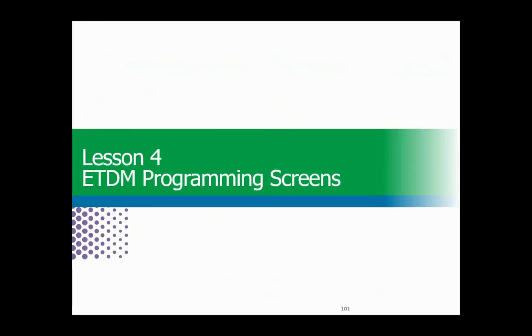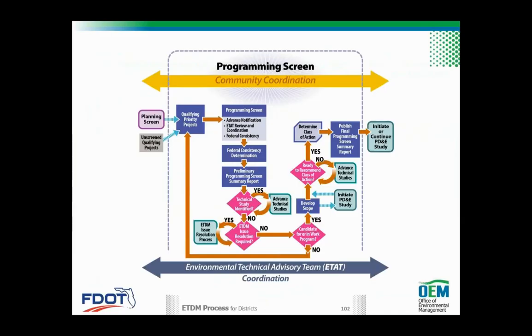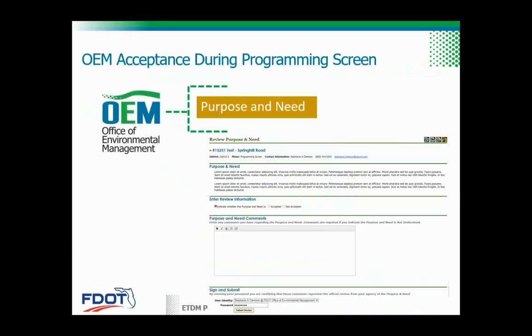For the programming screen, again, that annual screening event looking at priority projects to help us scope the project, come up with enough information to have an appropriate environmental document class of action, and a clear understanding of what we're going to do to move this project forward. OEM during that process, again, is going to review the purpose and need.